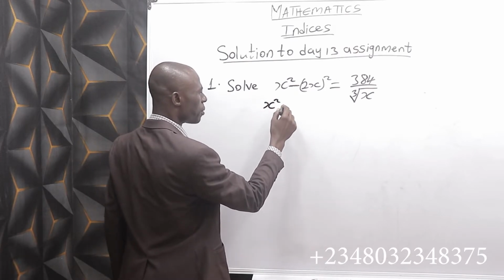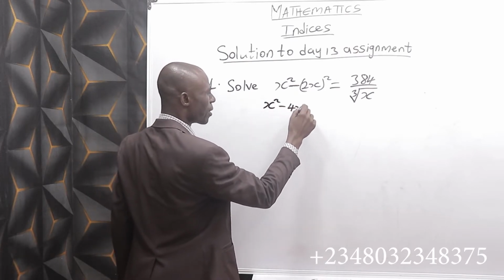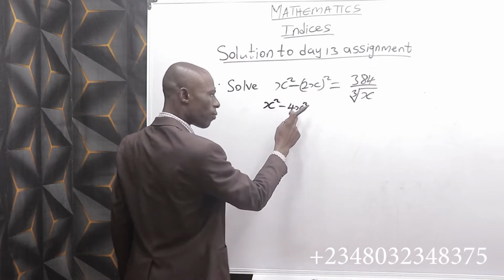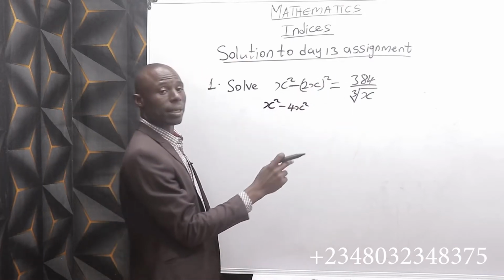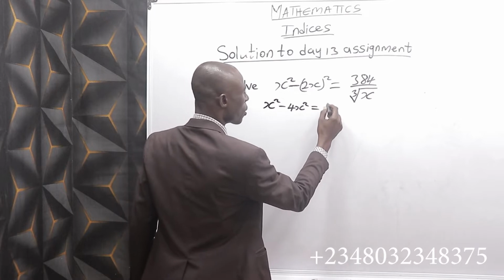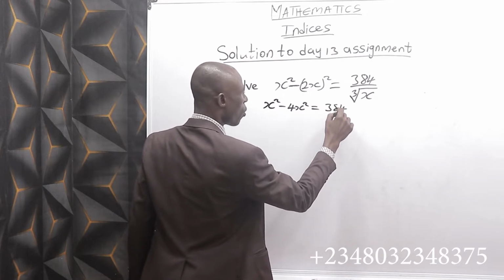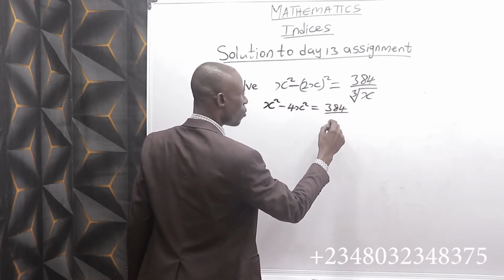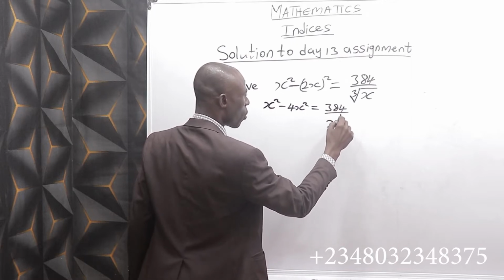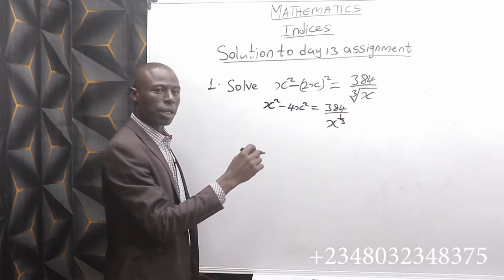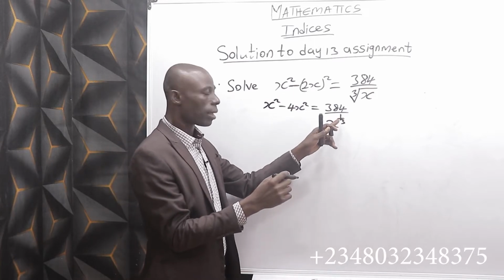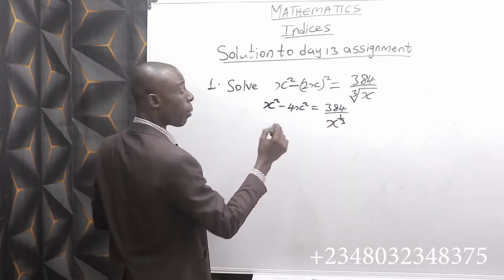x squared minus 4x squared, since 2 squared is 4 and x squared is x squared, equals 384 whole over x raised to power 1 over 3. Cube root is interpreted in power as power 1 over 3.